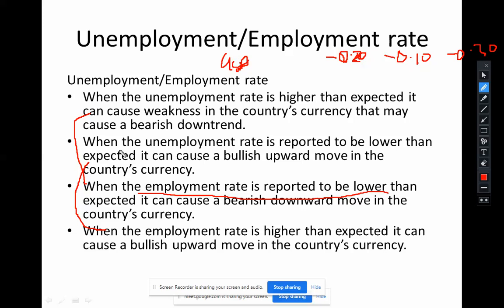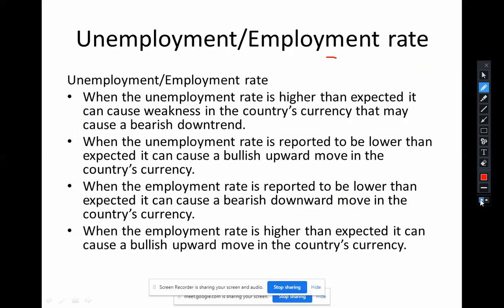That is how the unemployment rate works in the forex market, the economic data. You just have to watch what is going to happen to this economic data. Read everything about it, analyze everything, or wait for the data to be released so that you know what you are trading on. This will guide you, because have it in mind, the news doesn't last too long.